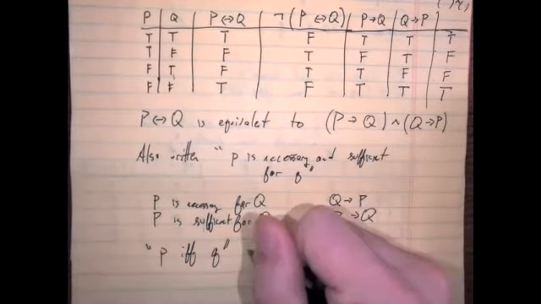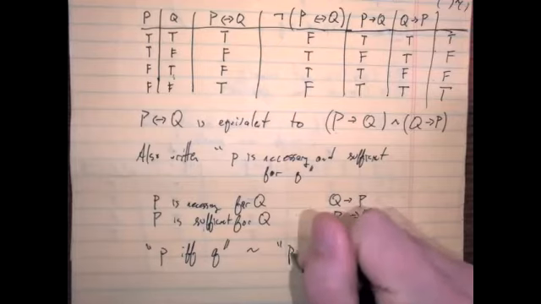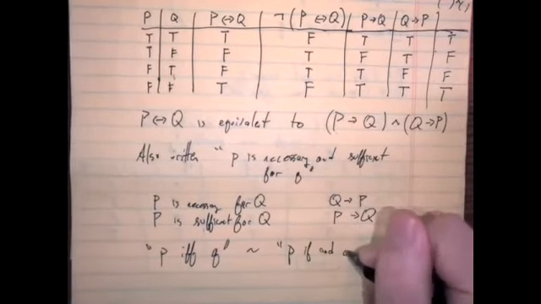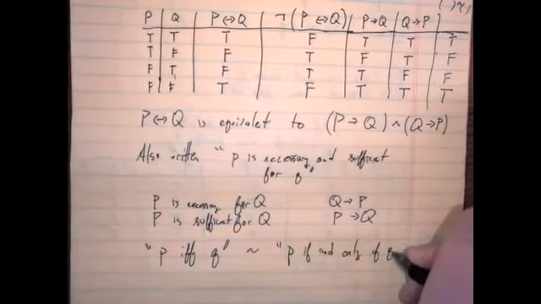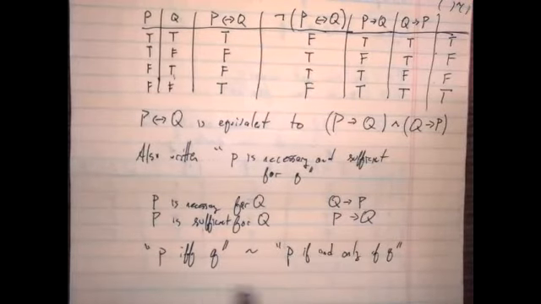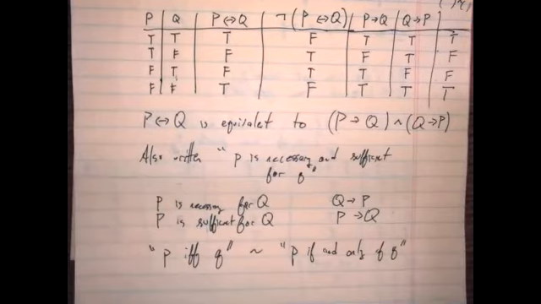So this is the same thing as P if and only if Q. So here are different ways that we can talk about this proposition, P if and only if Q. Okay. Any questions on these collections of compound propositions that we've built up?